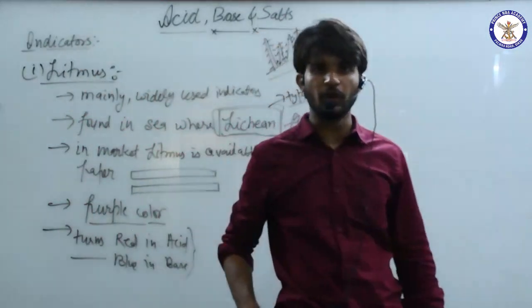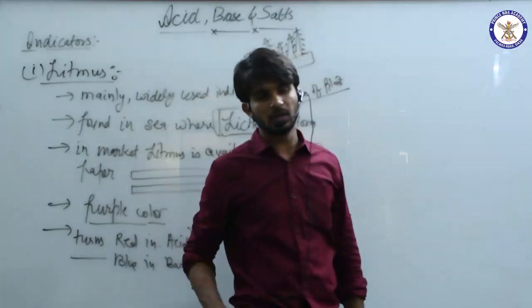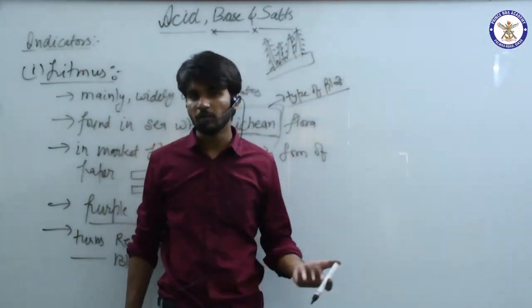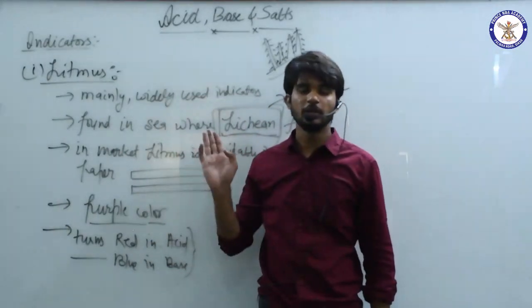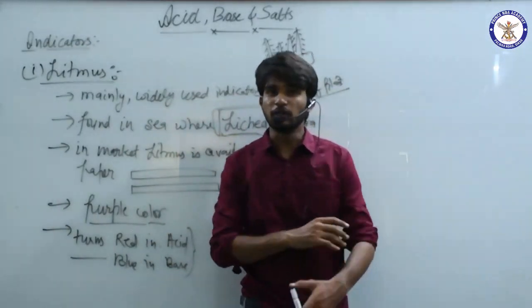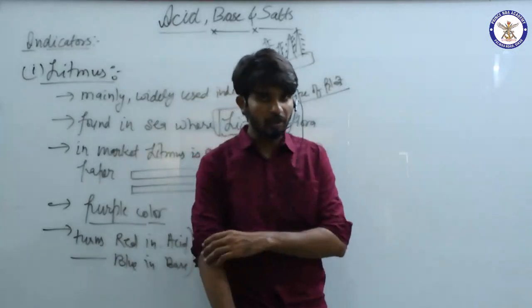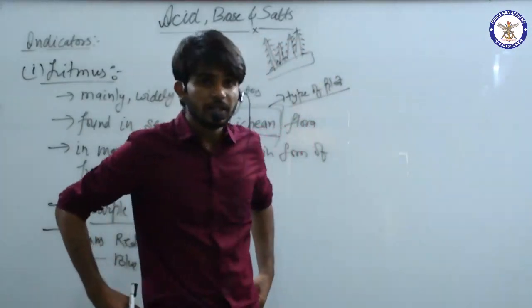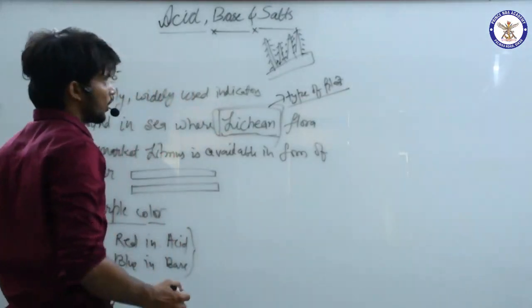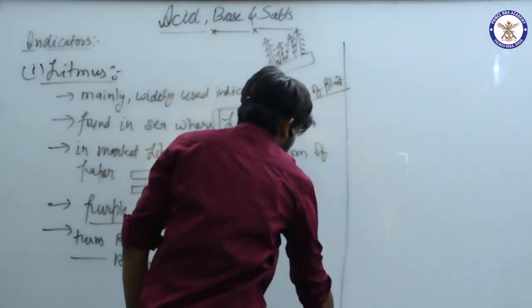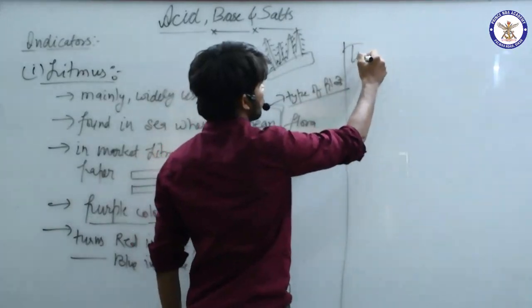If you went to the market and asked a shopkeeper for litmus, he would give you such strips. He will not give you any plant or flora, because it is made. That's why it is generally known as litmus paper. Fine. Now the second one is turmeric. So I will write here turmeric. Second one is turmeric.